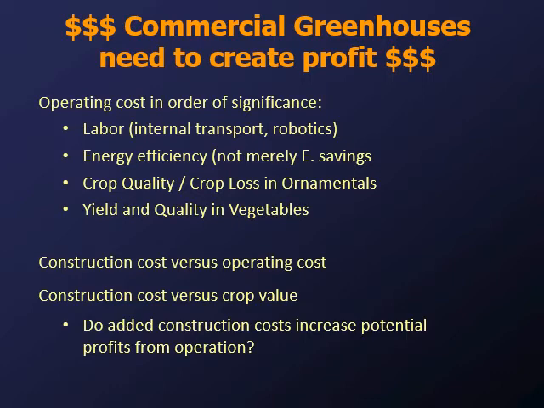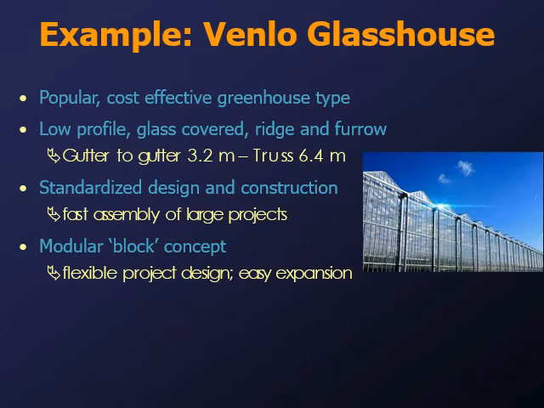So things like labor, energy, crop quality, crop losses, your yields, all these things factor in to greenhouse construction. So for operating cost, labor is definitely up there. Energy efficiency is second. And as far as energy efficiency, light plays a big role, right?